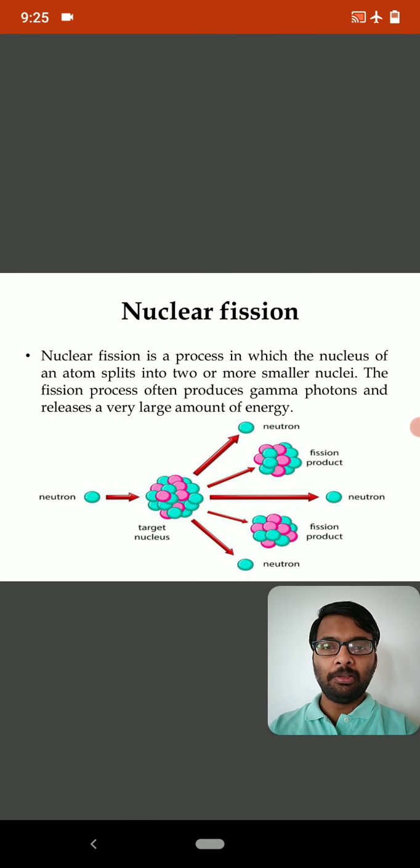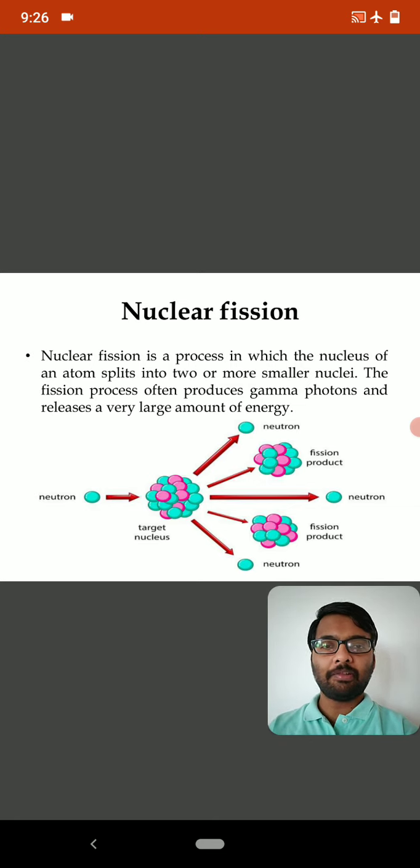Nuclear fission is a type of nuclear reaction in which the nucleus of an atom splits into two or more smaller nuclei. It is the splitting of a heavy nucleus into two or more lighter nuclei of nearly equal masses.